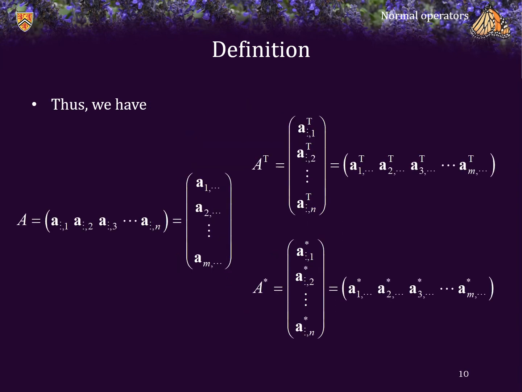Thus, we have that a matrix can either be represented as n column vectors or m row vectors, as we see on the left.